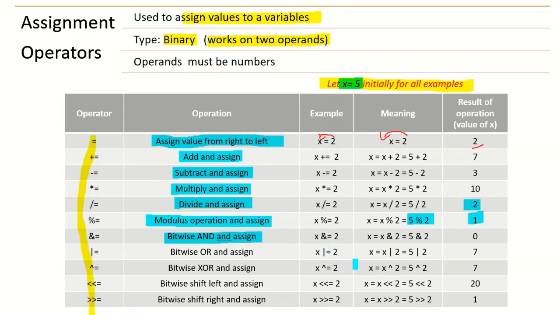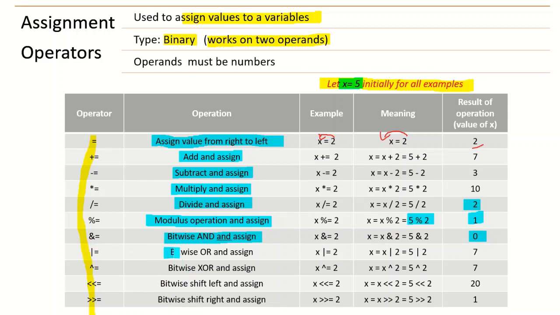X and equal to 2 means x is equal to x and 2 equal to 5 and 2 equal to 0. It performs the bitwise AND operation. Bitwise operations are detailed in the previous video. If you want to check, you can check the previous video to understand all the bitwise operations.